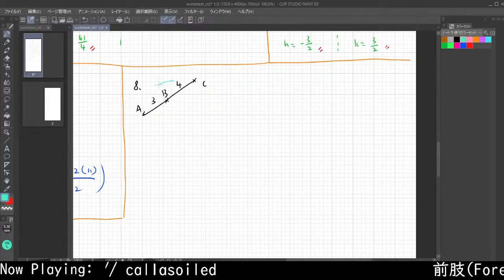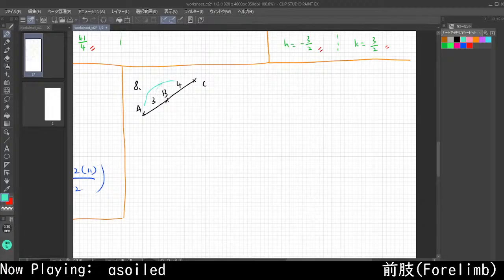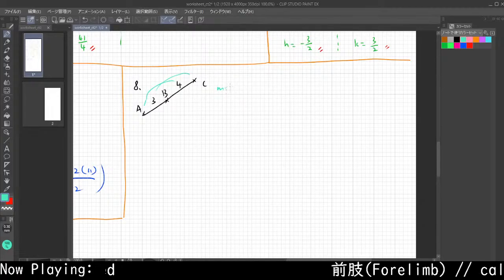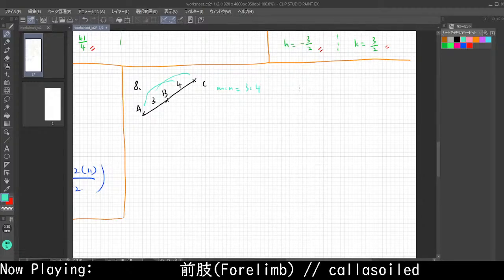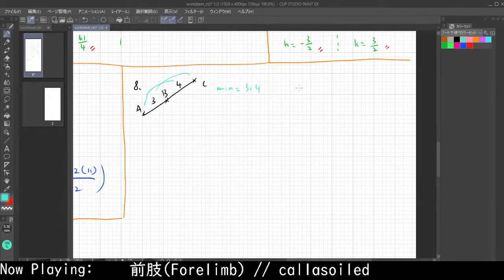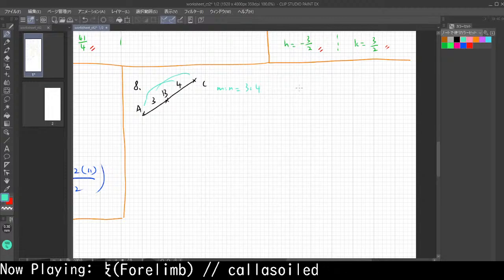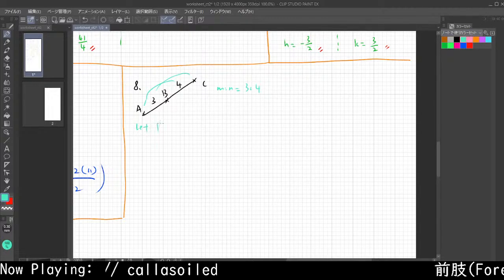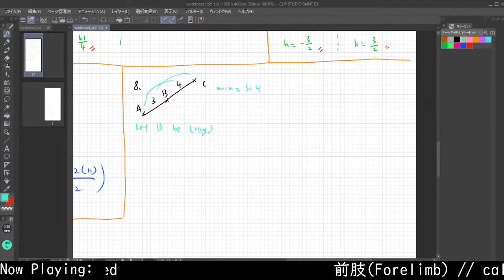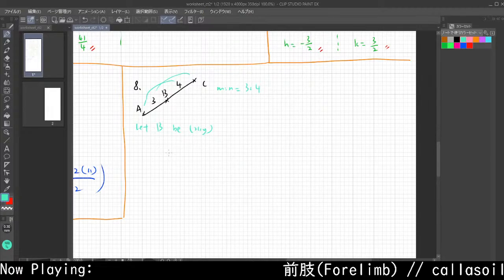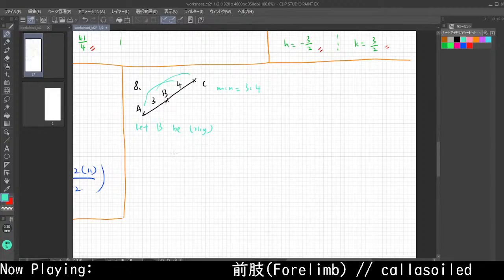Then same idea, 4 to A, 3 to C. Your M to N is basically 3 to 4. So your 4 multiplies x1, y1. 3 is your M multiplied x2, y2. Same thing. Let B be (x, y).